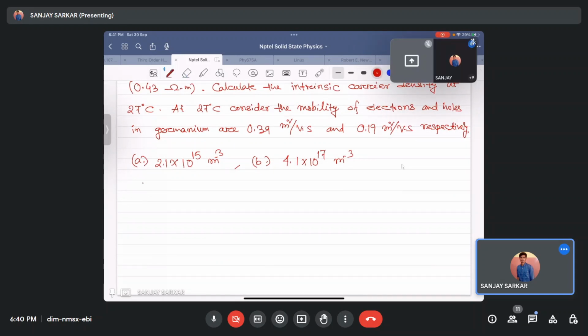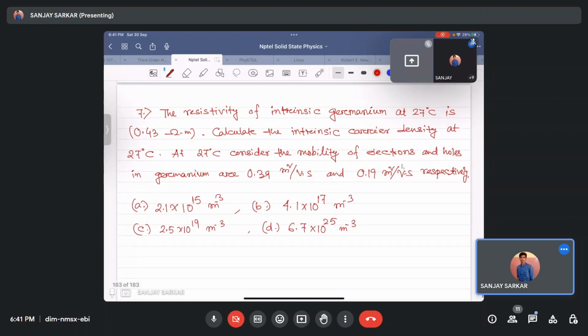Option C is 2.5 into 10 to the power 19 meter cube inverse, and option D is 6.7 into 10 to the power 25 meter cube inverse. So can you calculate this using the formula of conductivity?